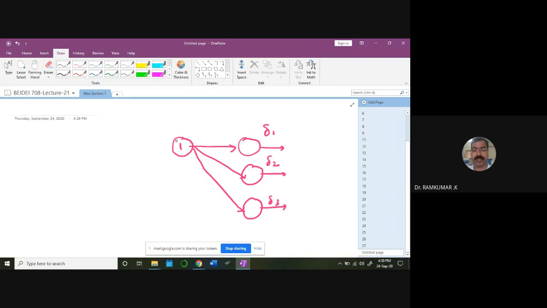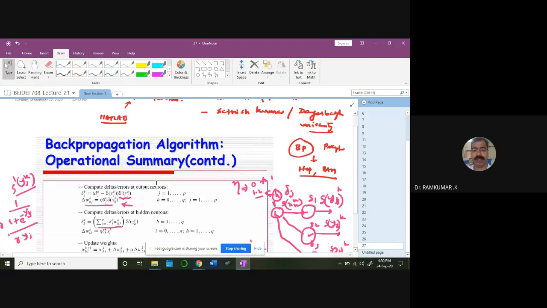When I work out for this particular neuron, I am going to distribute all these deltas through the weights here. For this first neuron, the output will be, look at the formula here.